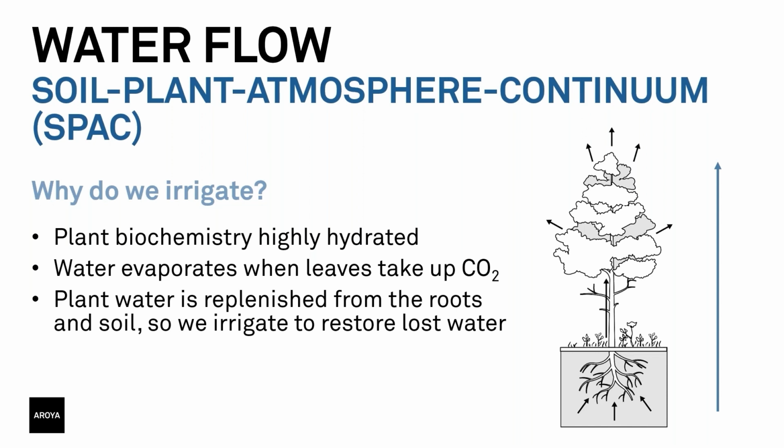The plant needs carbon dioxide from its environment, and that's a lot less plentiful in the atmosphere than the oxygen is. The plant therefore loses a lot of water in the process of taking up the carbon dioxide that it needs for photosynthesis. That water is replenished by the roots, the soil substrate, and so we irrigate to replace the water in the substrate.